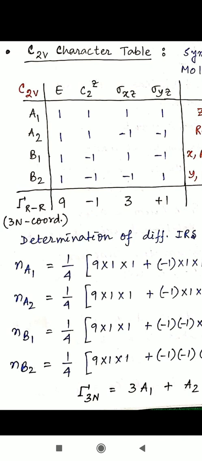If the sign is positive, you write 1, and if -1 is there, you write 2. So that is the reason for A1, A2, B1 and B2. These are the Mulliken symbols of the irreducible representations in case of the C2V point group.